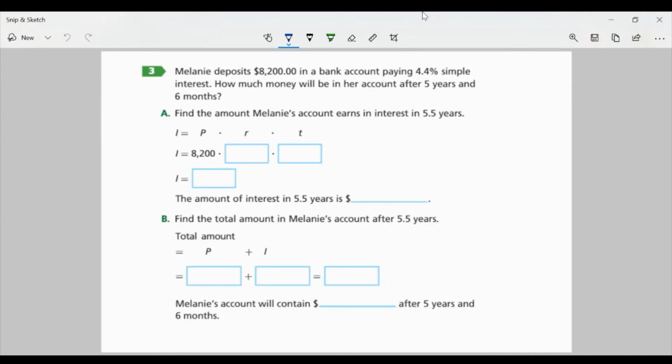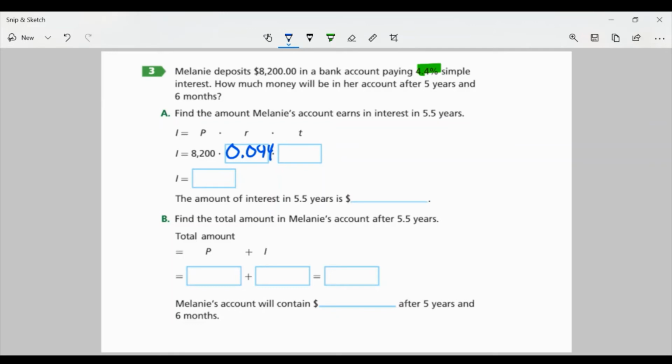Well, we're going to use our formula. I equals P times R times T, which is the interest equals the principal times the rate times time. Well, I know the principal is $8,200. The rate will be 4.4%, which I need to divide by 100, which is 0.044.